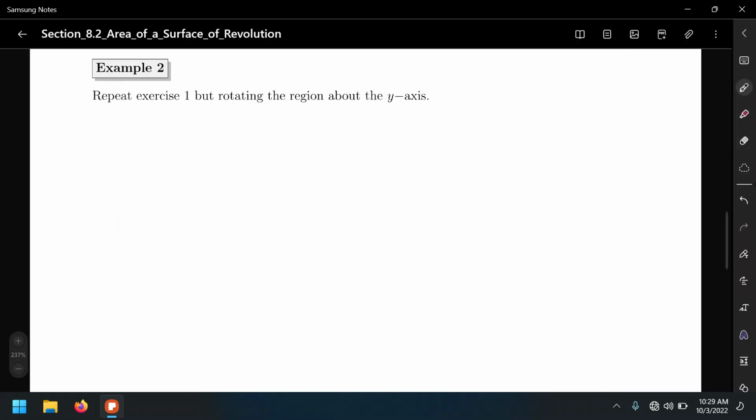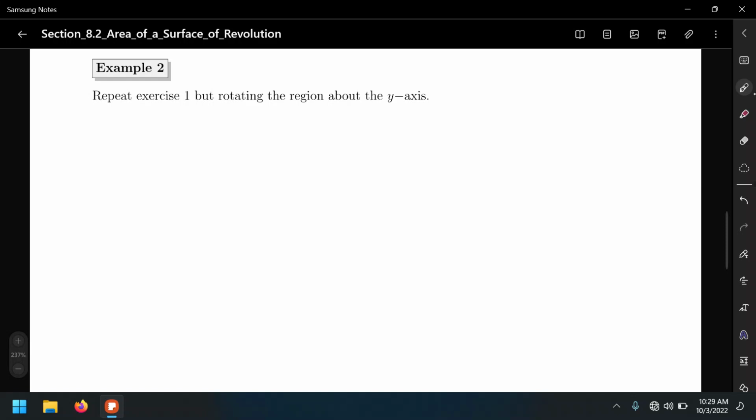So hopefully, after looking at this second example, you get the idea on how to treat that r of x in the surface area formula. In some cases it will be the given function, and in some cases it's going to be just x or y, depending on what kind of functions we are working with.